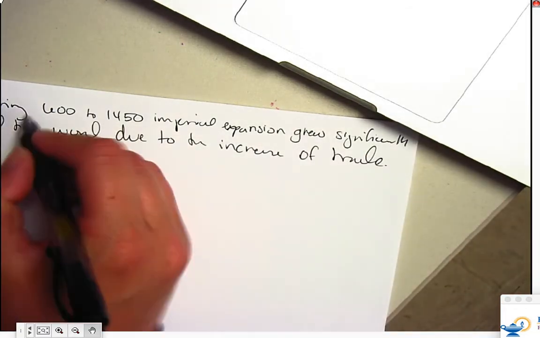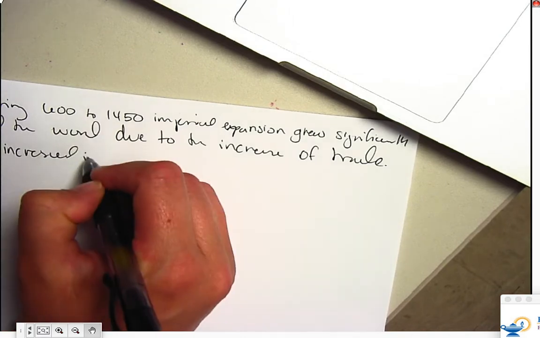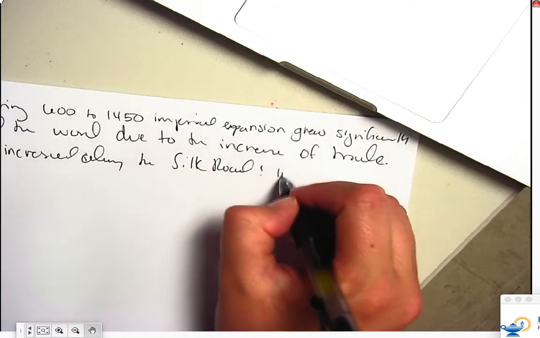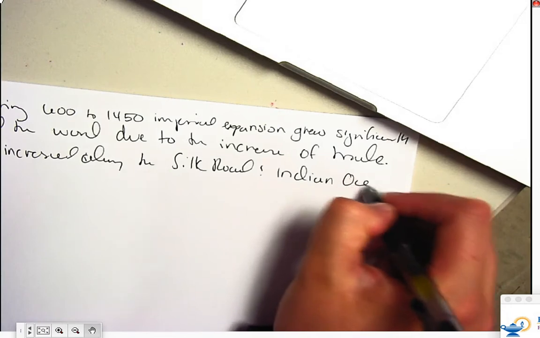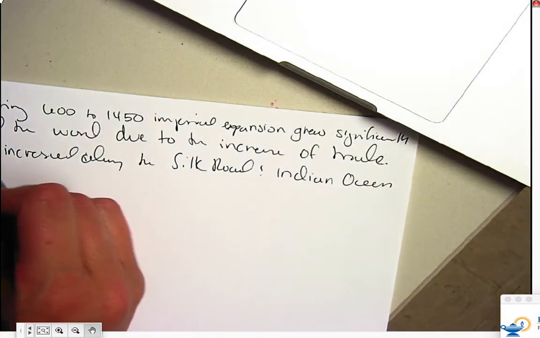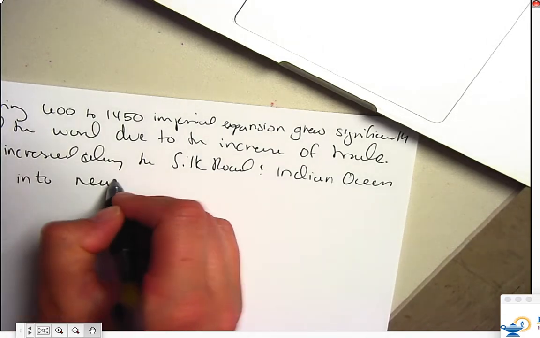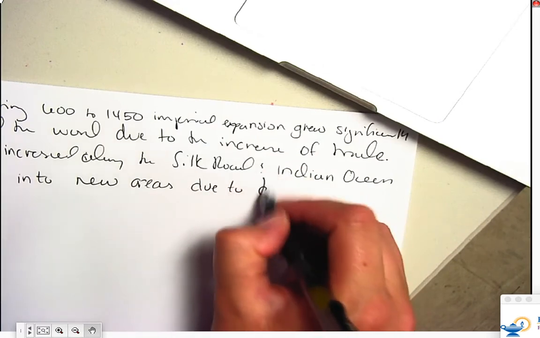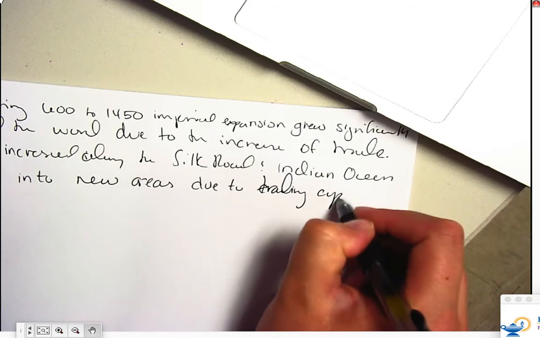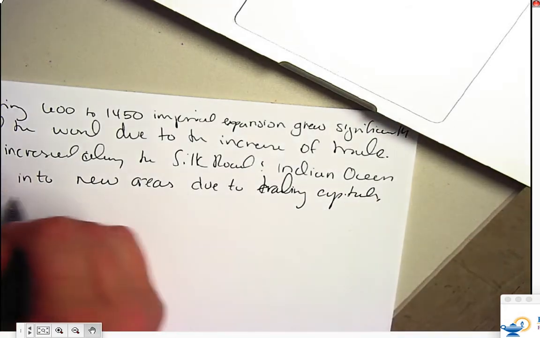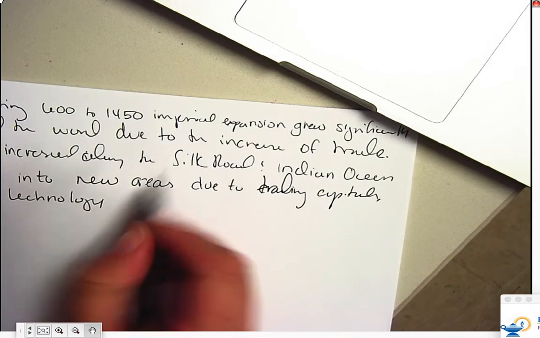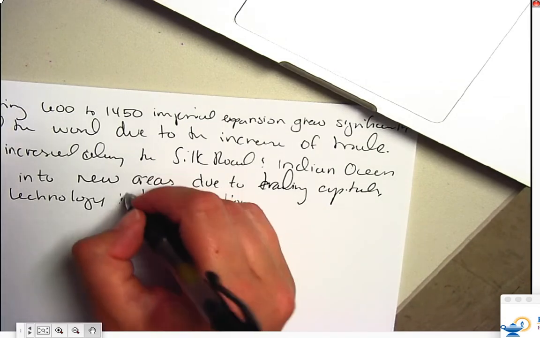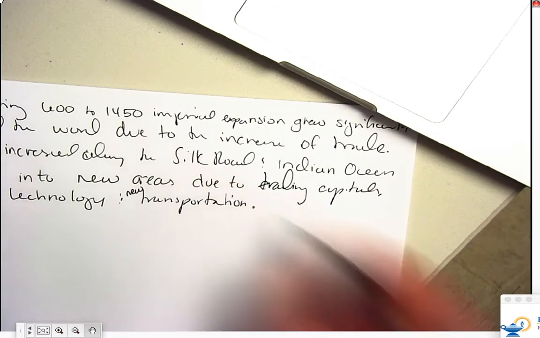Trade increased along the Silk Road and Indian Ocean Basin into new areas due to trading capitals, new technology, and new transportation. Done. That's it.